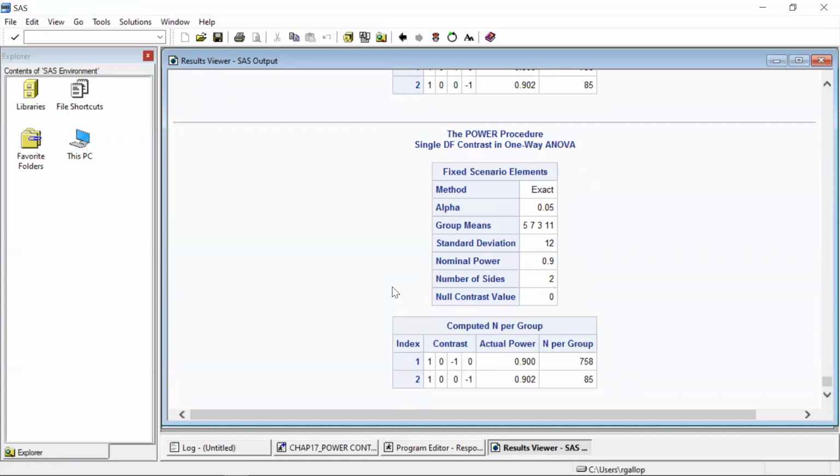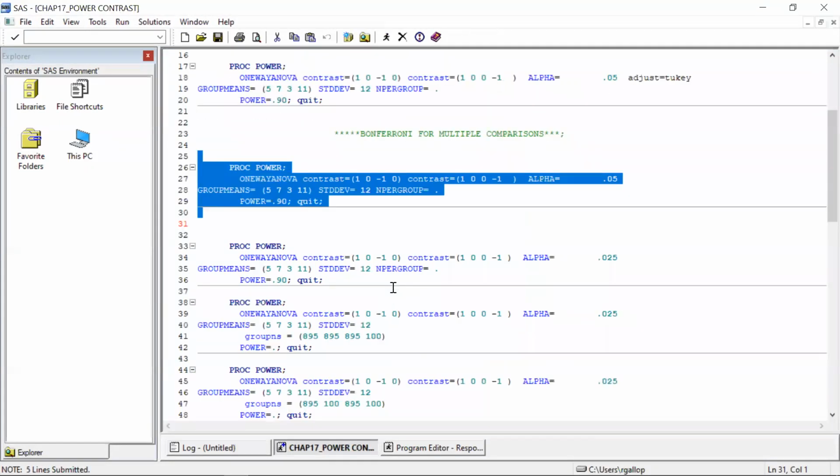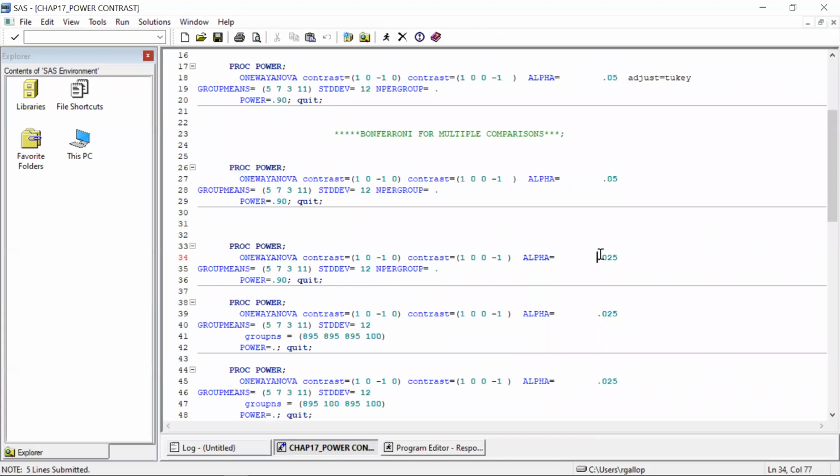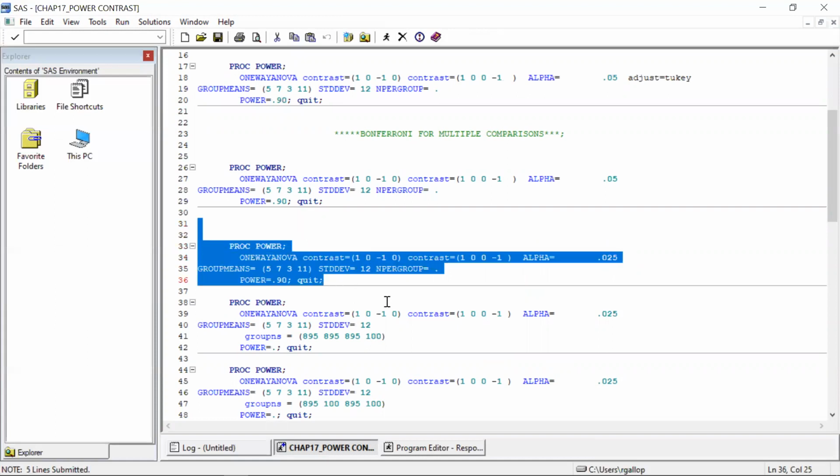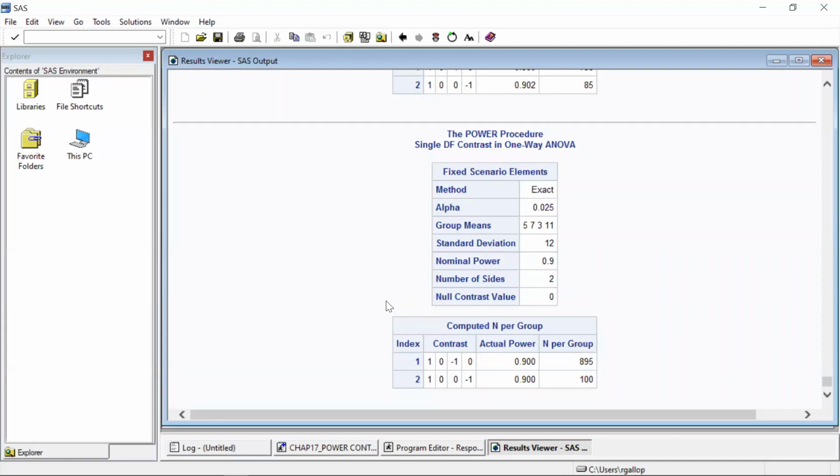That's what we just saw. If I want to adjust these for multiple comparisons, I need to manually do the alpha divided by a factor of 2. When I do this, you can see in this case I adjusted my alpha to 0.025. And then this is saying I need 895 per group, 100 per group for this contrast to be statistically significantly different.